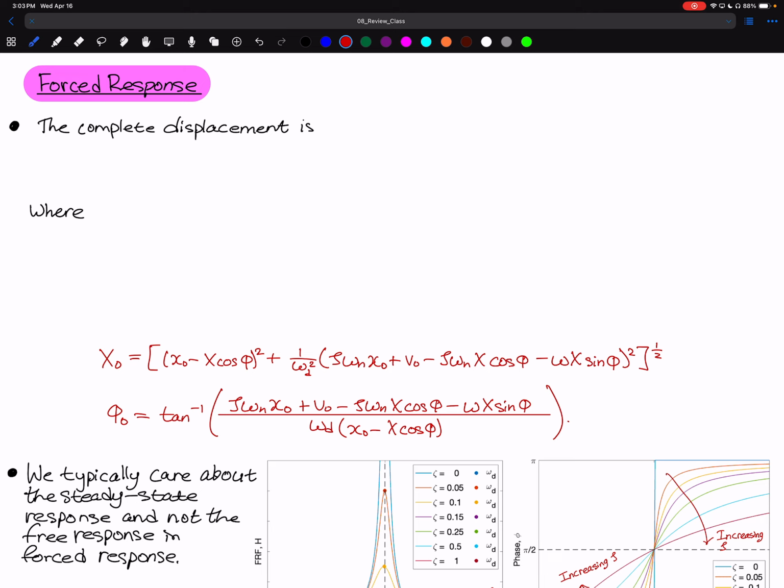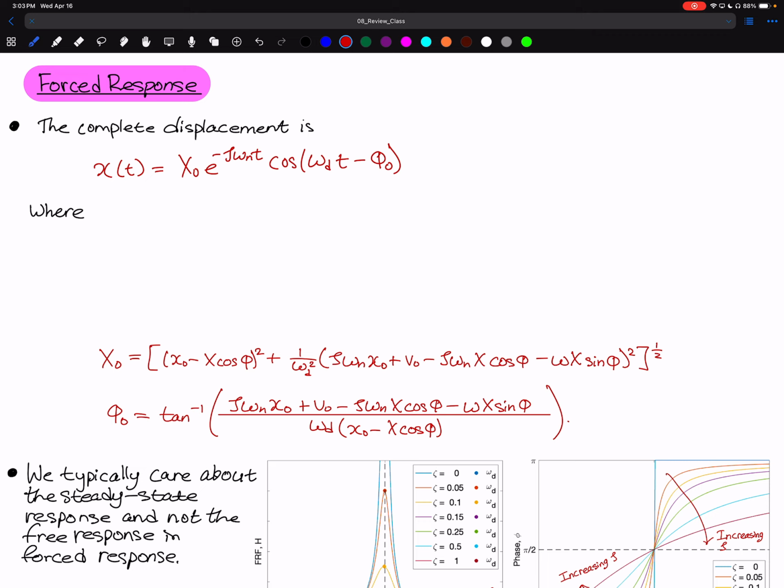We'll write that x of t is going to be equal to some big X sub 0 times e to the minus zeta omega n t times the cosine of omega sub d t minus phi sub 0 here. In this case, we are already assuming that the system is underdamped.